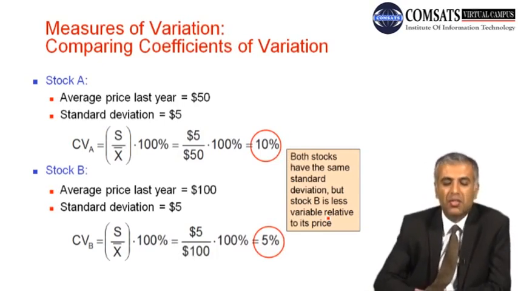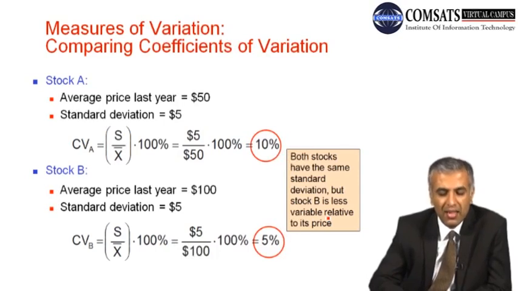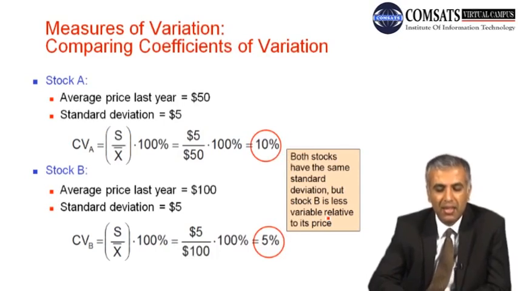Now compared to this stock A, let's see stock B, whose average price is more, which is $100, and then we divide the standard deviation by 100 multiplied by 100%, which gives us 5% here.